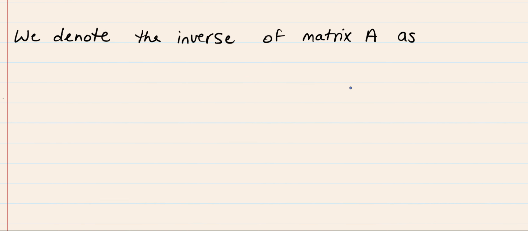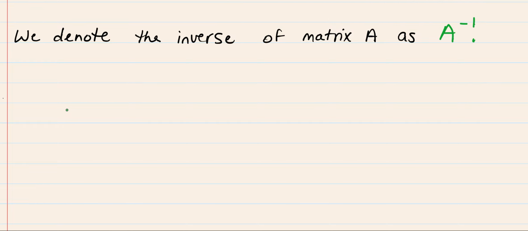And the last thing from this section I want to go over is that if an inverse of a matrix exists, we denote it as A to the negative 1. I think I have said this in the last video.